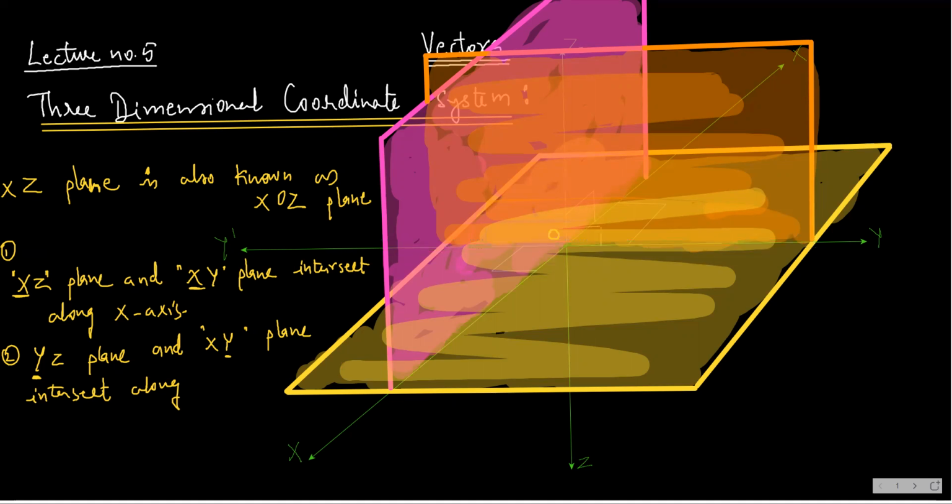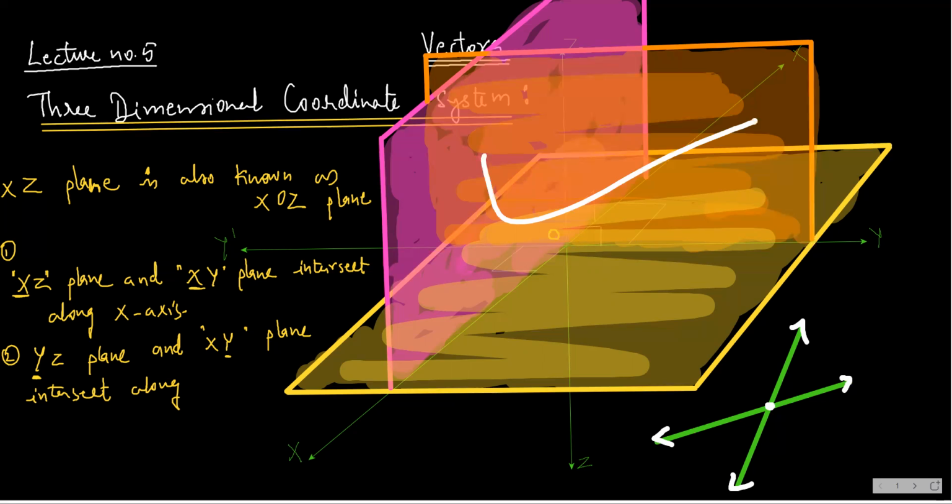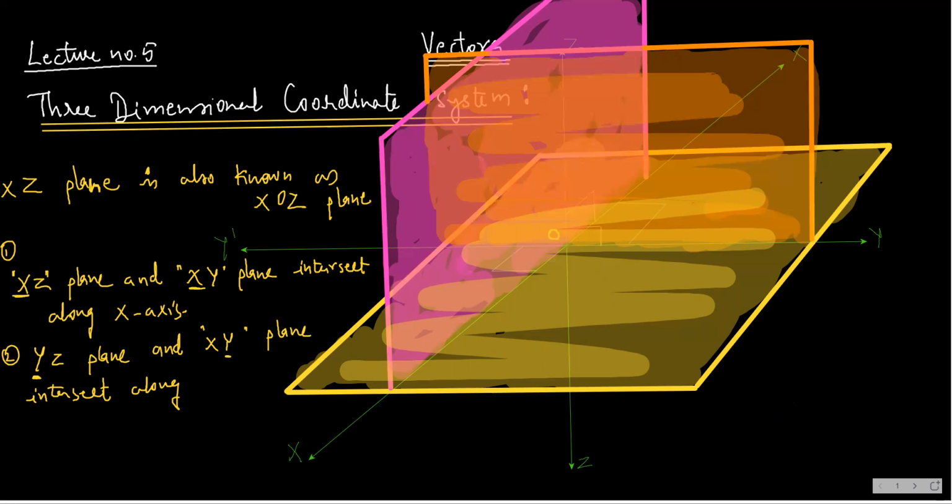If you have two lines, the lines intersect at a point. This is the point of intersection of two lines because they are lines. But here we have planes. The planes intersect not at a point, they intersect along a line.